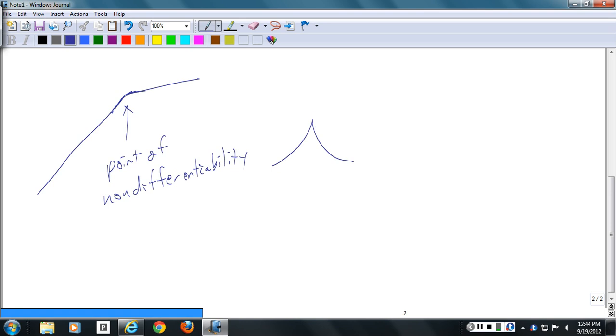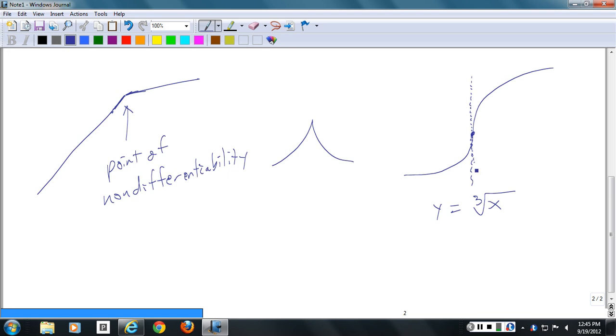Now, there are cases when the graph itself could be smooth, and I think example 8, were we to do it, could actually give us something that looks like this. If we have y equals the cube root of x, I believe the graph does something like this, and actually the slope of the tangent line is undefined at 0, and it's what's called a point of vertical tangency.